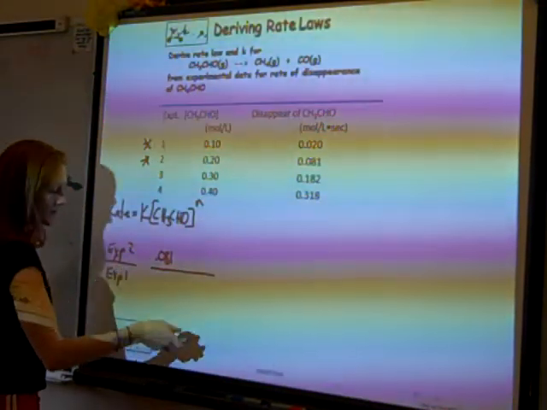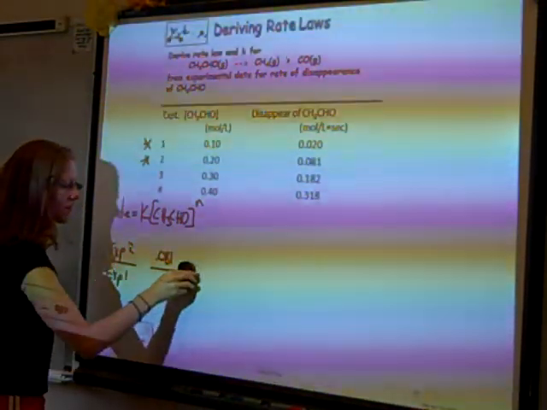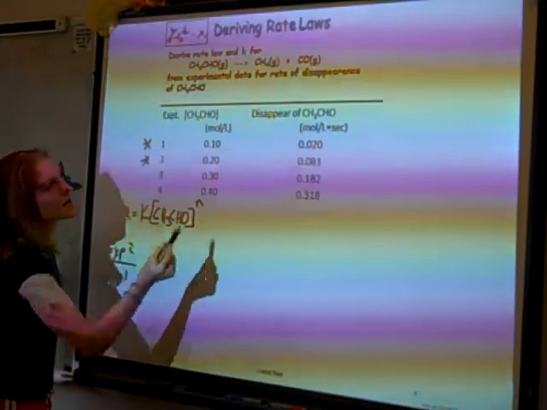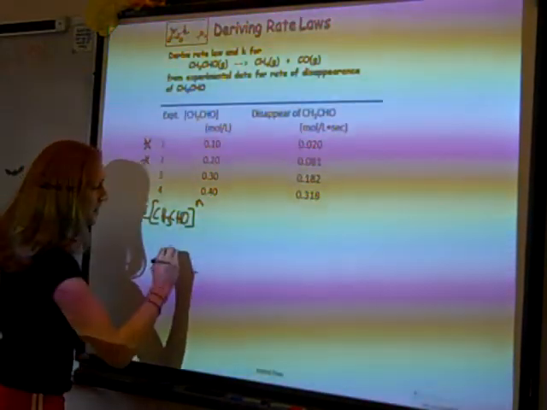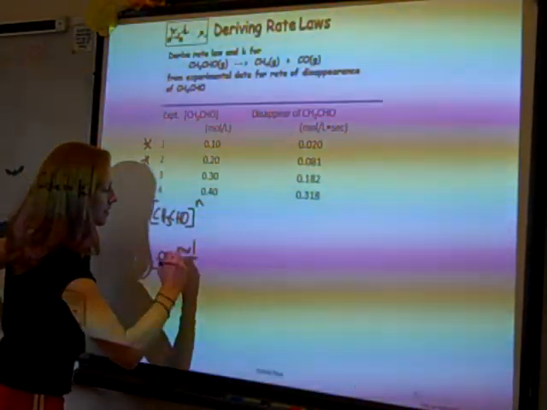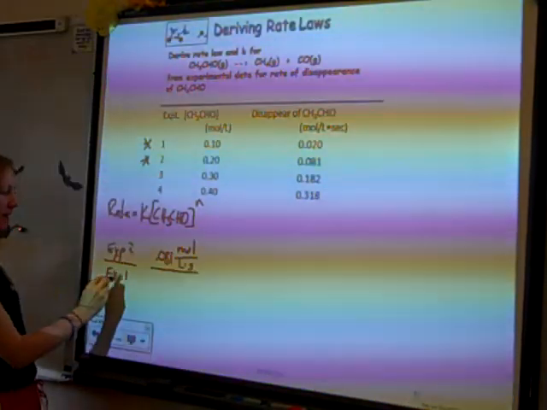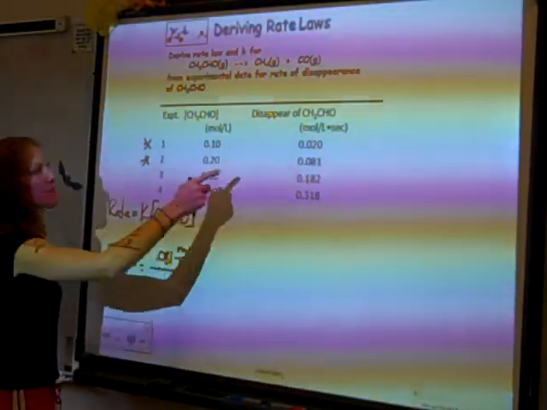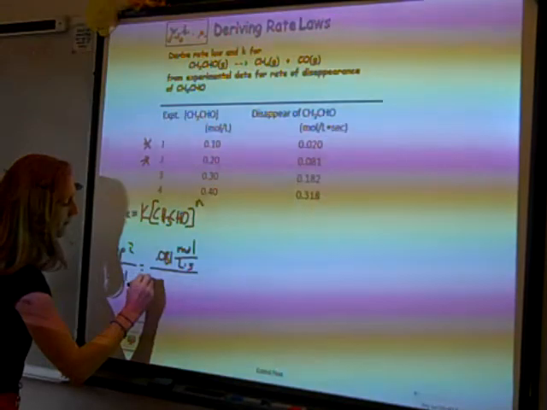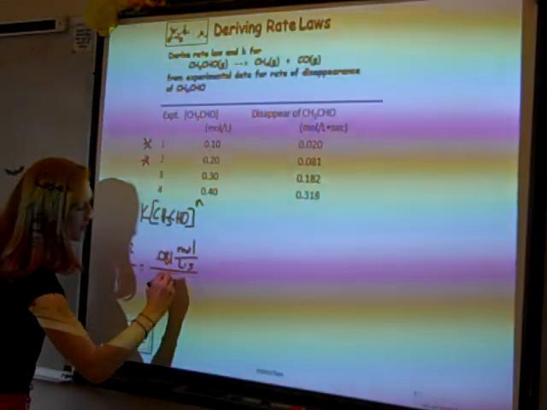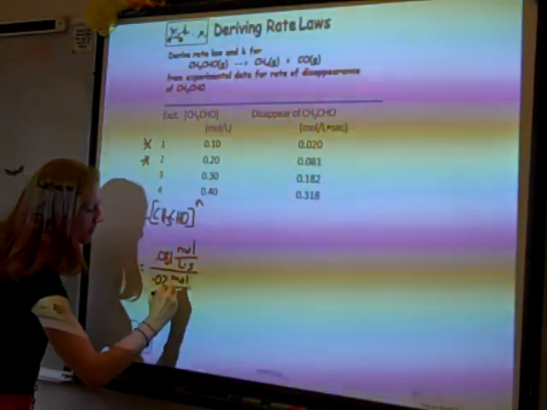So that's my rate, and that's going to be moles per liter second. And in experiment 1, the rate was 0.02, and that's moles per liter second.